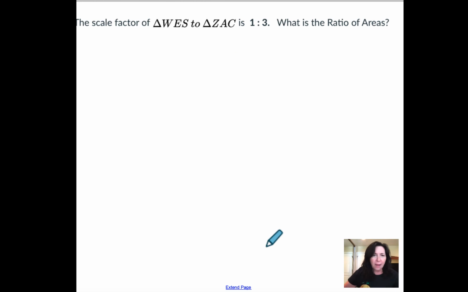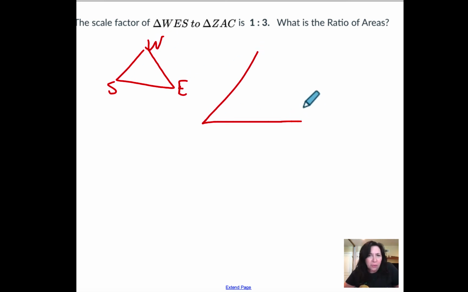Okay. For this problem, the scale factor of triangle WES to triangle ZAC is 1 to 3. Here we go. What's the ratio of areas? So we have WES to ZAC. Make sure you keep those in line, and you don't go Z left A, okay? The scale factor is 1 to 3. So what's the ratio of areas?